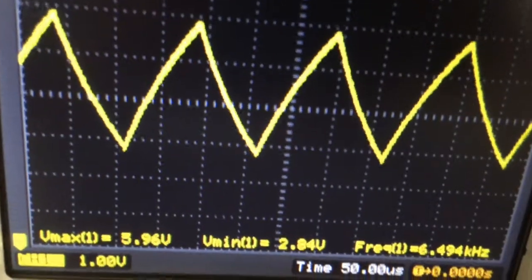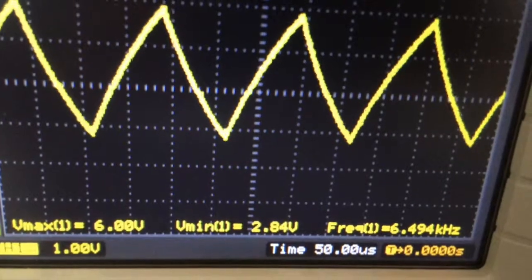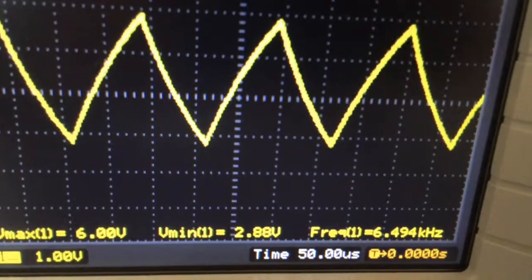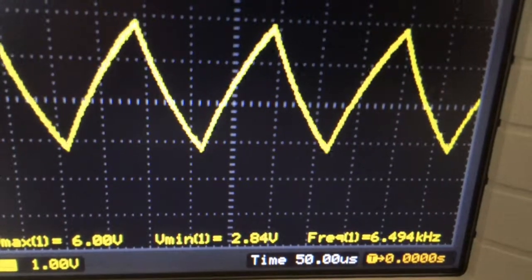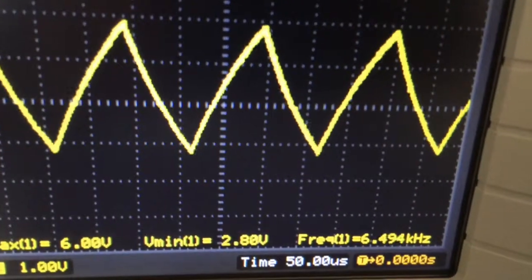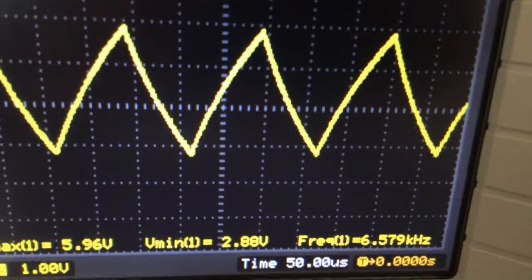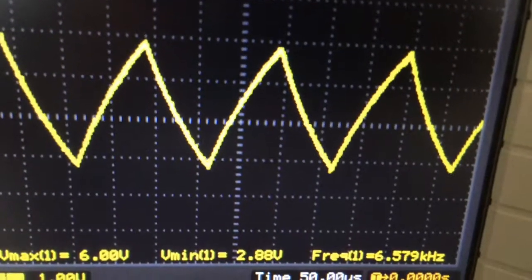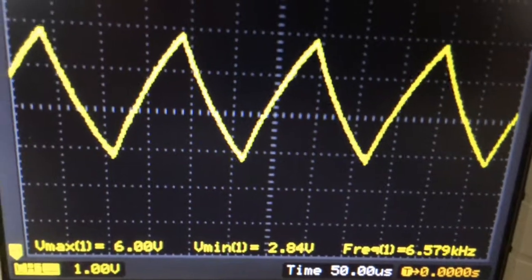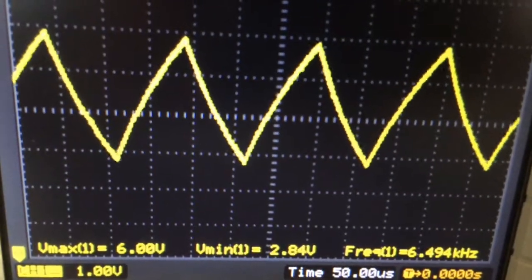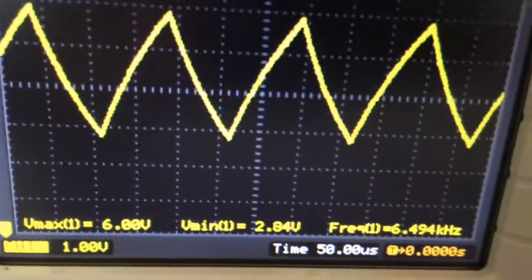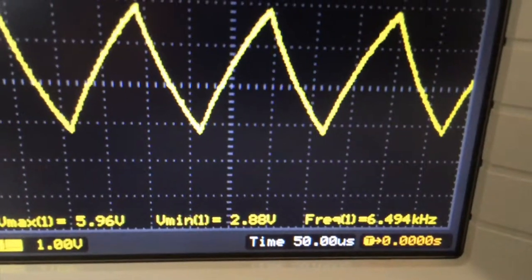It discharges, and then when it hits 3 volts, which is the value required to trigger the threshold capacitor again, we hit a bottom. So the capacitor is oscillating between 6 and 3 volts with a frequency of about 6 kilohertz.